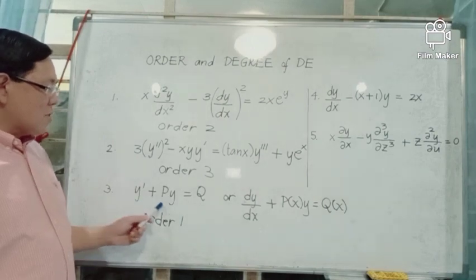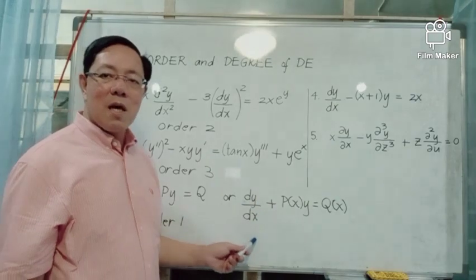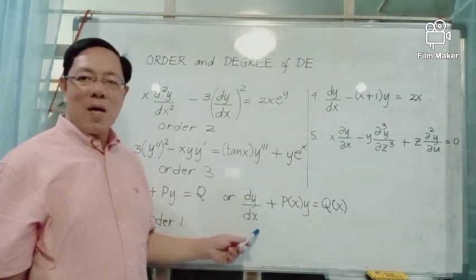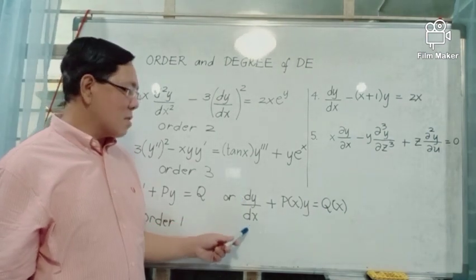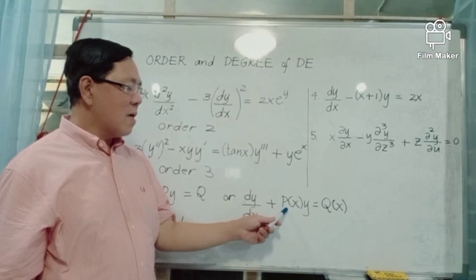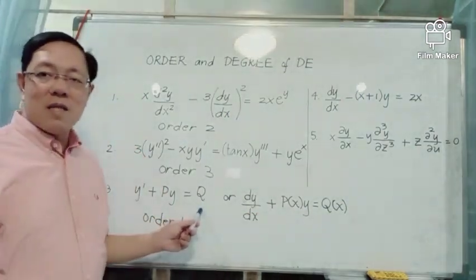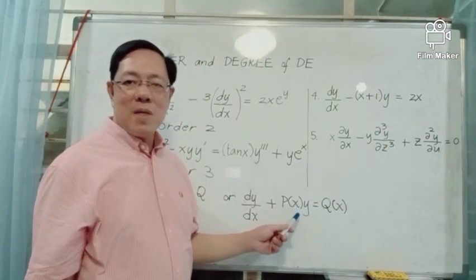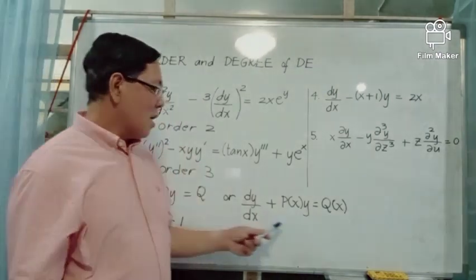This differential equation can be written more specifically as dy dx. Y prime denotes the derivative of y with respect to x. Hence, y prime can be written as dy dx. And we specify that the coefficient p of y and the right-hand side of the equation q are functions of x, but they may be constants or functions of x.